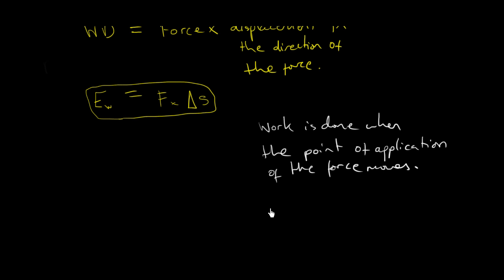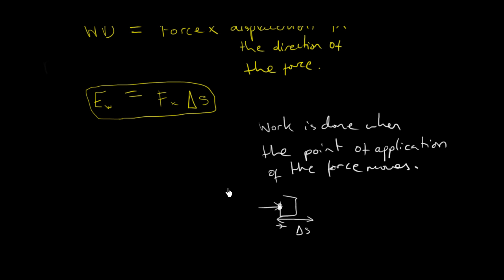If I have a block here and a force being applied there, and this point then moves, then the change in displacement of that point will be the delta S, and therefore work is being done. So work is done whenever the point of application of the force is moved.